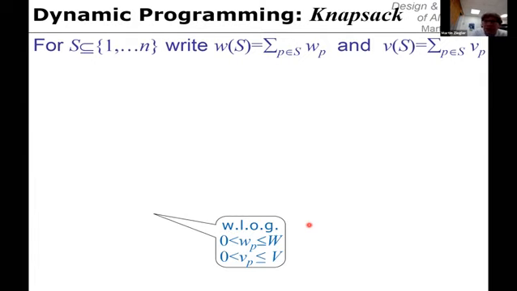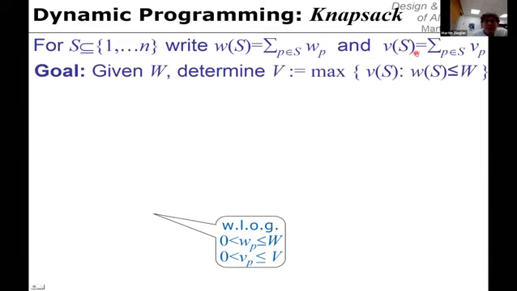Okay, now we're going to introduce two notations. Namely, when we fix a subset S of the packets, then we'll denote by small w the total weight of these packets, and by small v the total value of these packets. That is convenient notation.